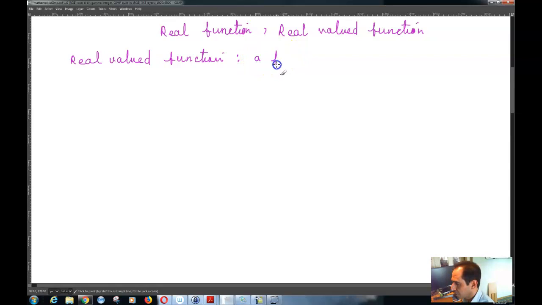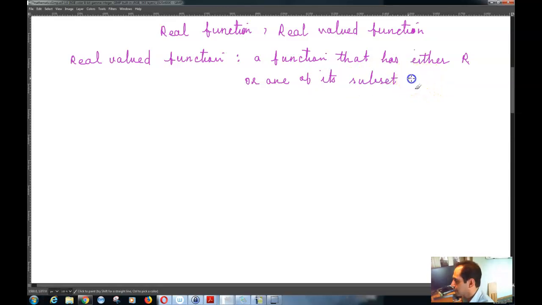A function that has either R or one of its subsets as its range is a real valued function. And you know basically what range is.